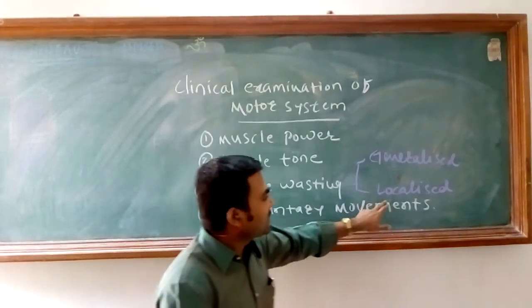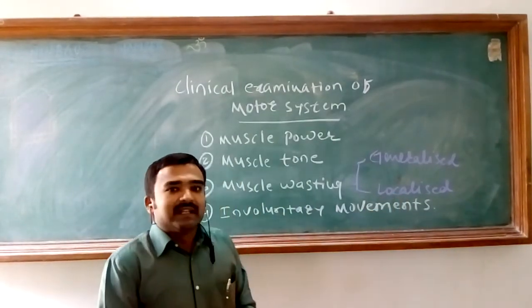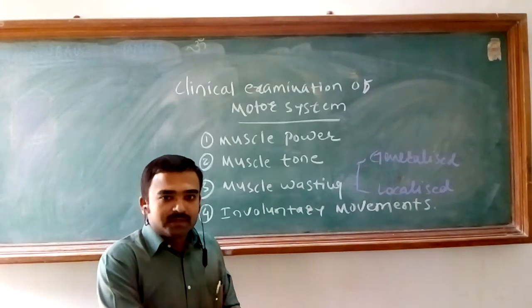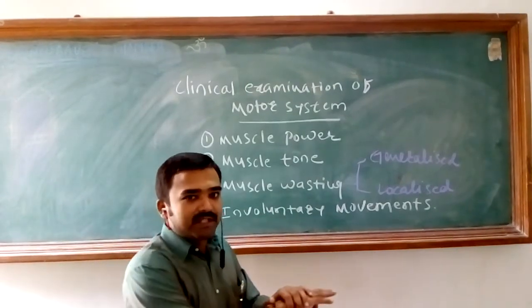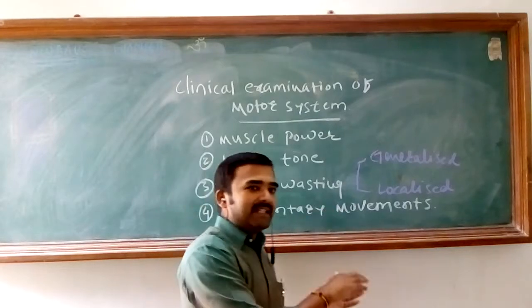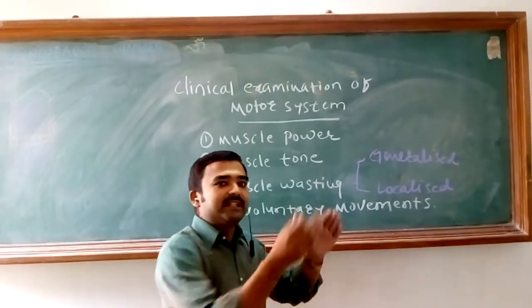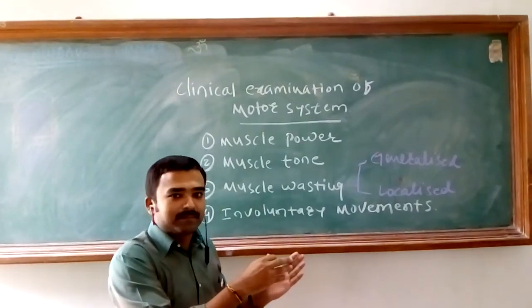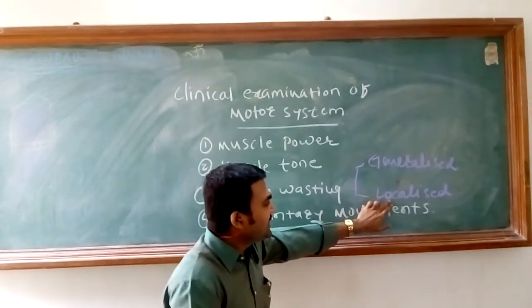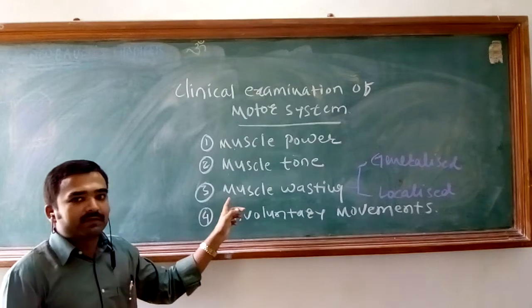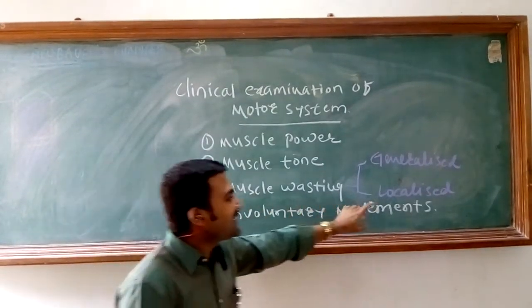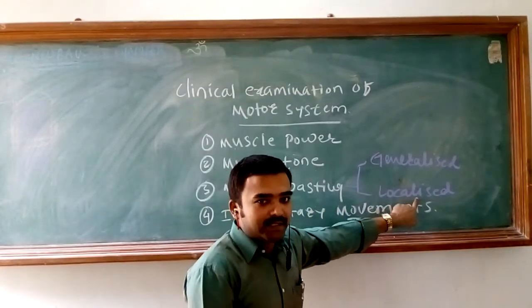What are the common causes for localized muscular wasting? Any injury to the bone, any injury to the joint, or any injury to the muscle itself will result in disuse of that particular muscle. This will result in atrophy, and that is termed disuse atrophy.